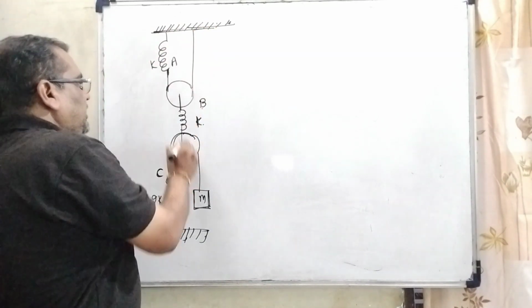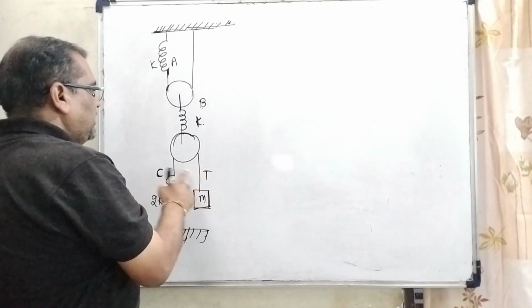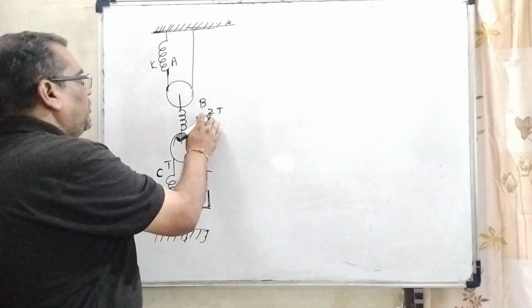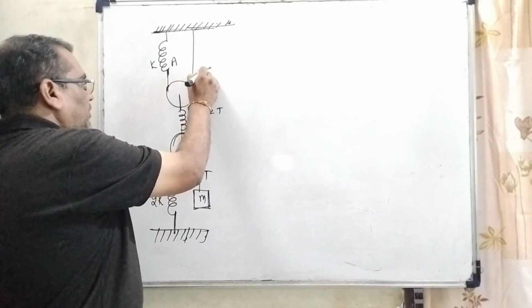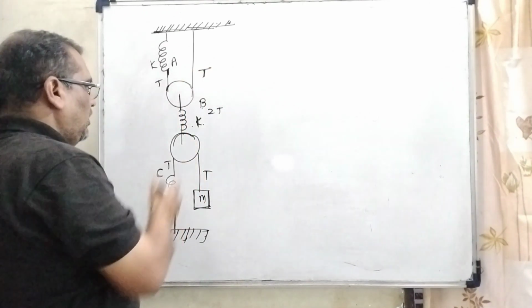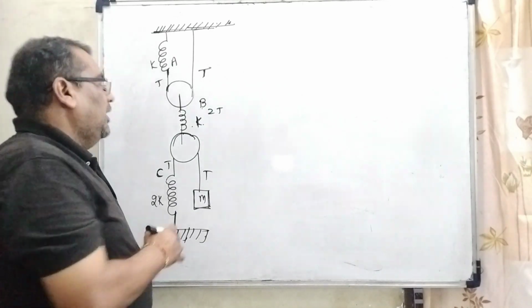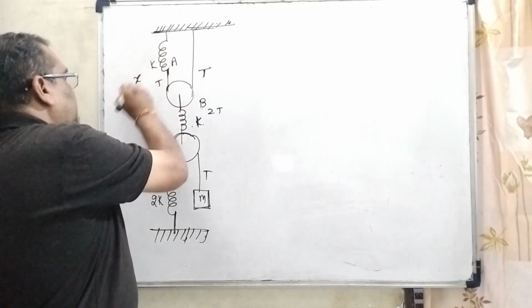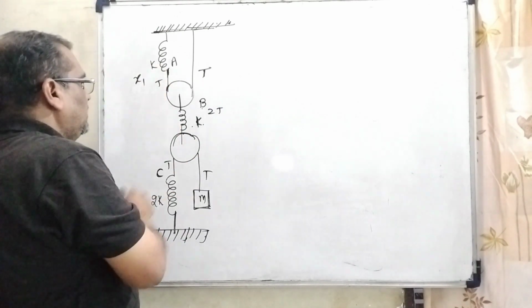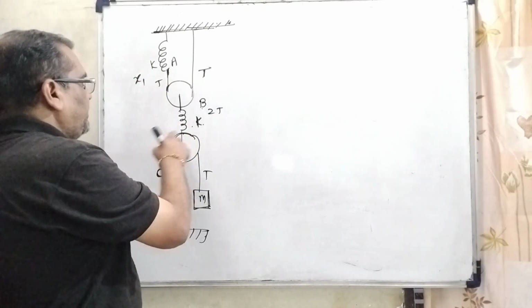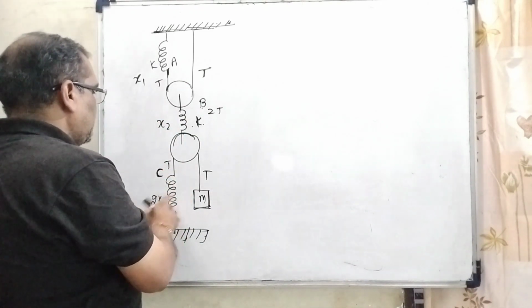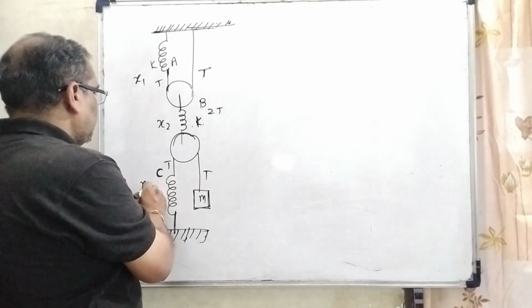Here the tension T is applied, then T and T, now it becomes tension 2T, and again 2T is divided into equal parts because the whole system is in equilibrium. Let us consider the elongation of spring A as x1, of spring B as x2, and of spring C as x3.